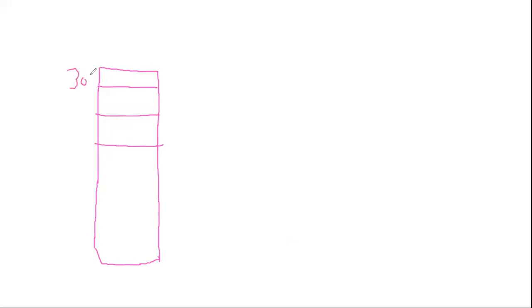Suppose this is 300, 301, 302. Now somewhere else, say for example, this is maybe 320, 321.